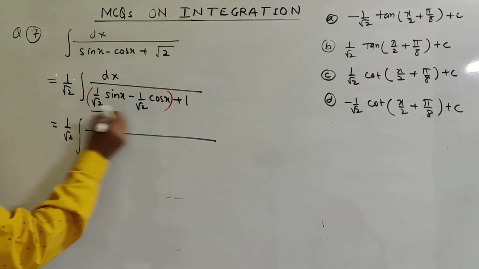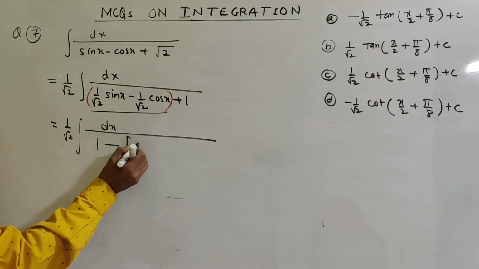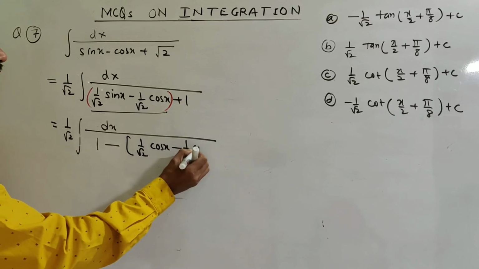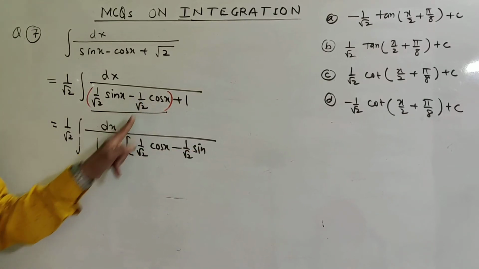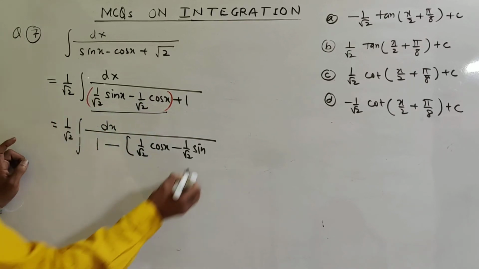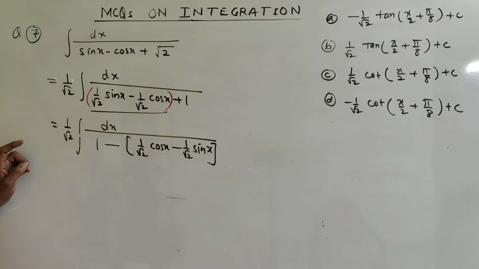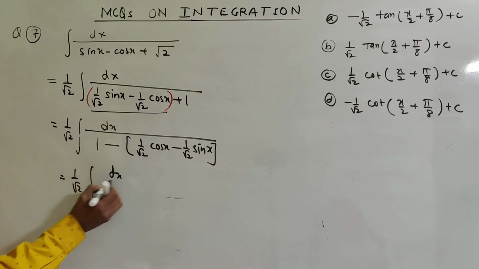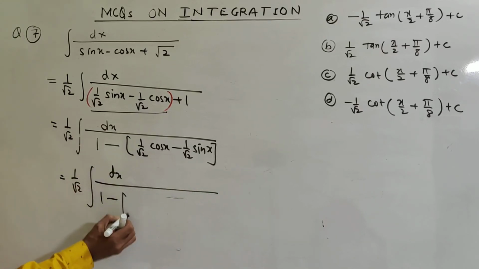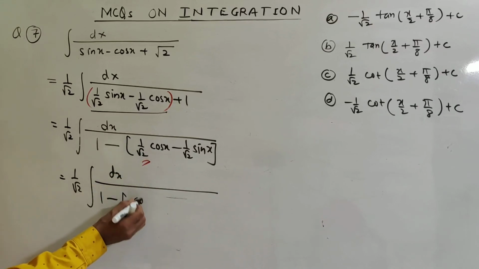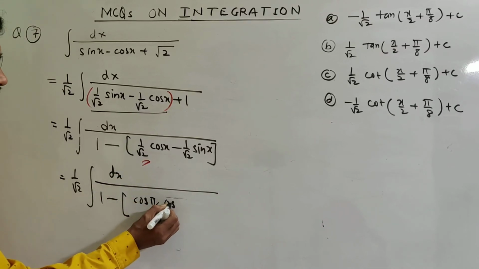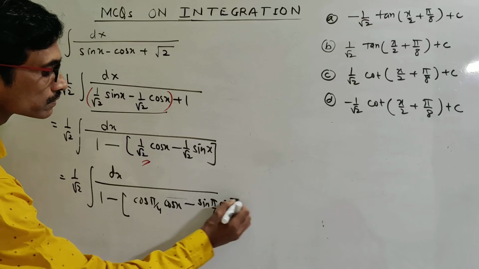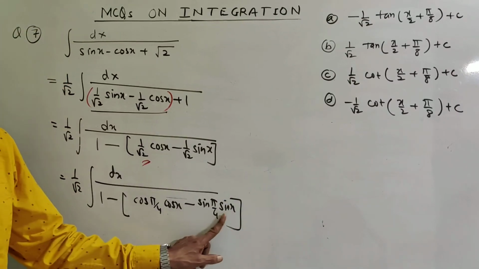Minus sign we take common from this bracket and it will be 1 by root 2 cos x minus 1 by root 2 sin x, so that it is 1 by root 2 integral dx upon 1 minus, this is what, cos of pi by 4 cos of x minus sin of pi by 4 sin of x, which is cos of x plus pi by 4.